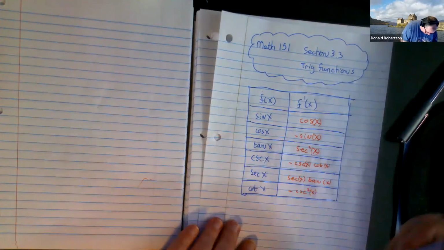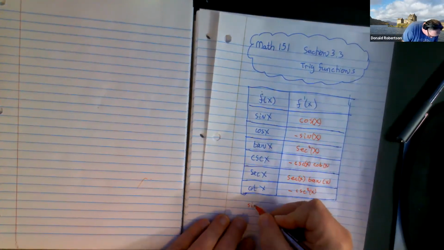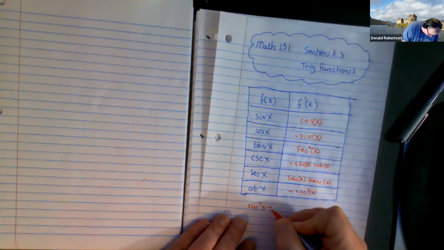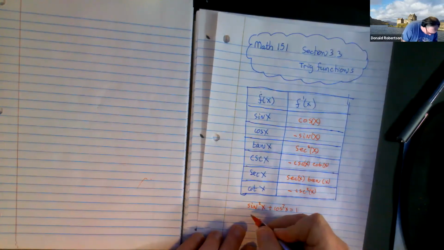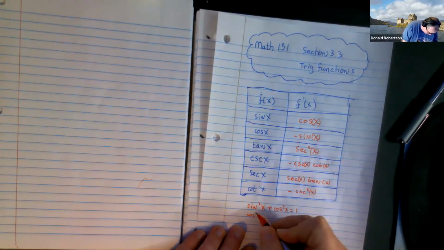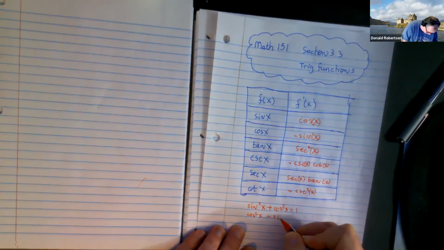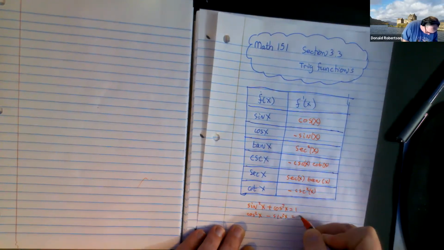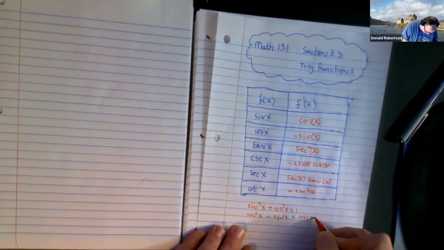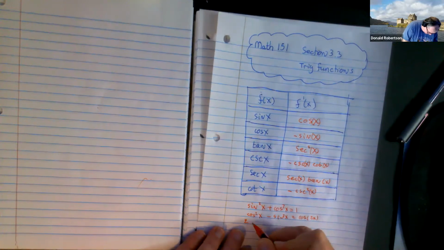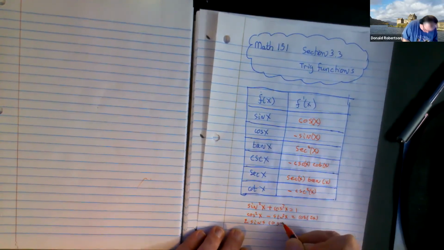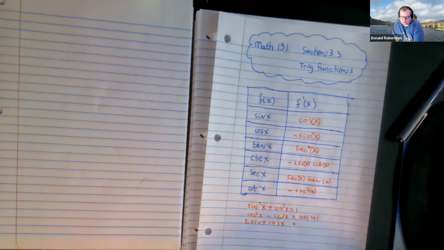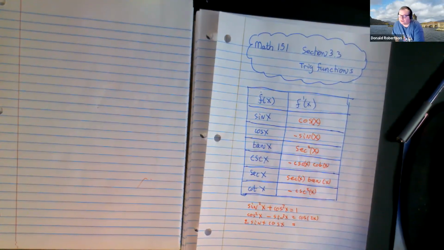So maybe I should write them down here as we use them. We've already used that sine squared plus cos squared is 1, and I'm now telling you that cos squared x take away sine squared x is the cosine of 2x. Does anybody remember what 2 sin x cosine x is?